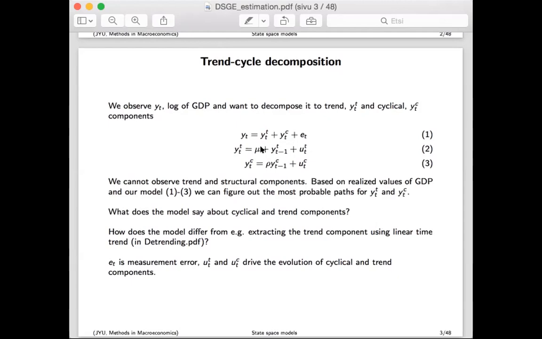Then we can define time series processes for these components, the trend and cyclical components.